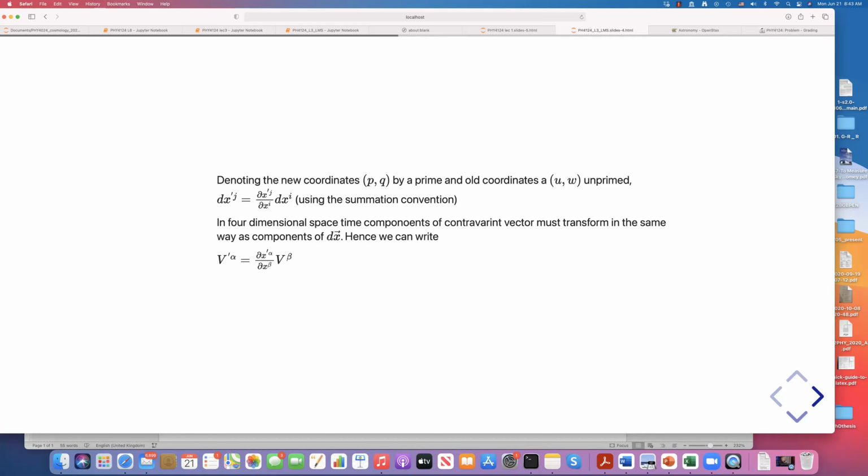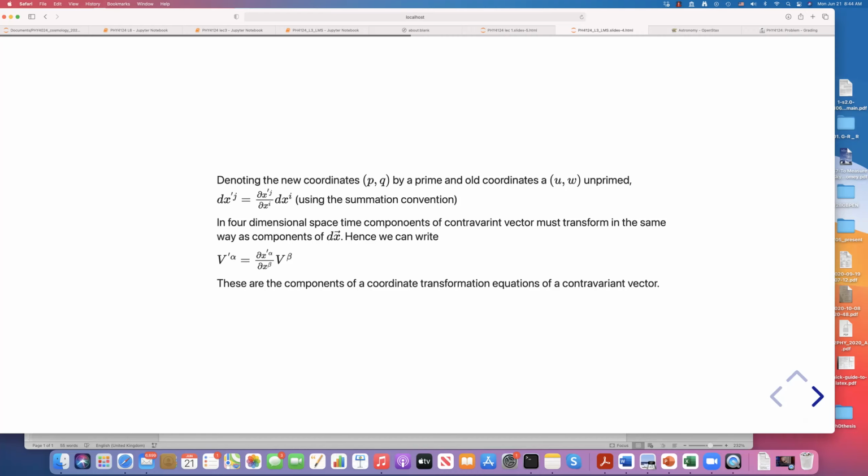So you have v'α equals ∂x'α over ∂xβ times vβ. So basically you have four components added together right here. These are the components of the coordinate transformation equations of a contravariant vector, right? This is how coordinates transform in a contravariant vector.